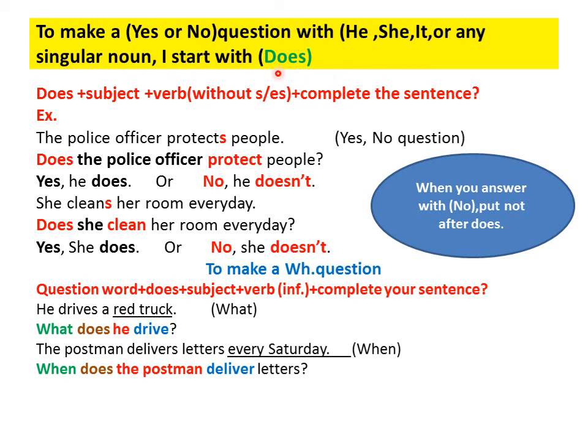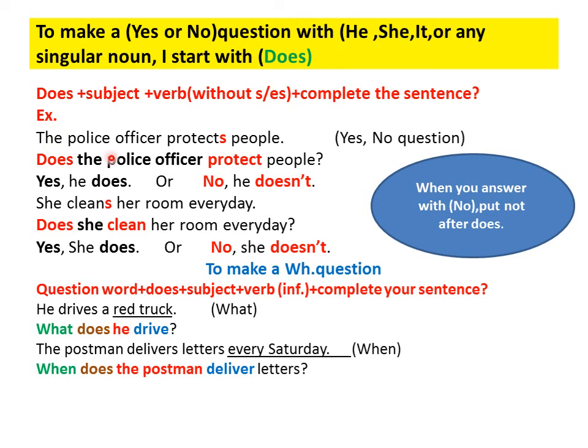You're going to start with does. And we said before, if we have does, we delete s in the verb. So does, then the subject, he or she or it or any singular, then the verb without s or es, then complete your sentence and don't forget the question mark.